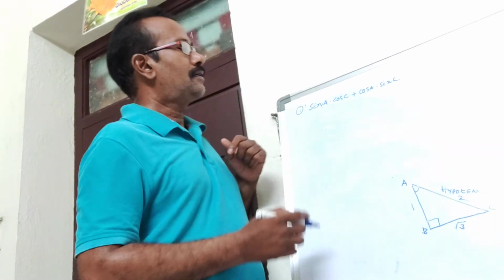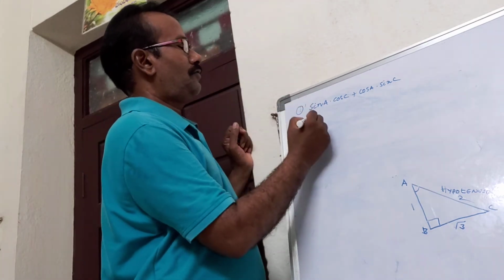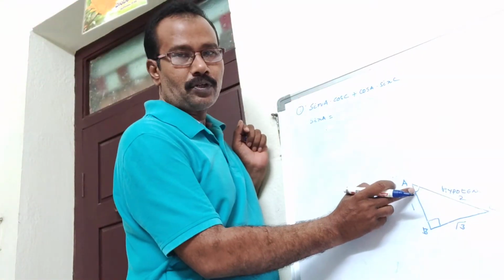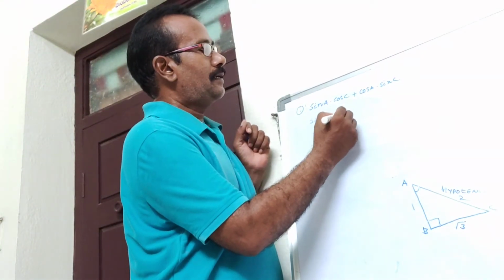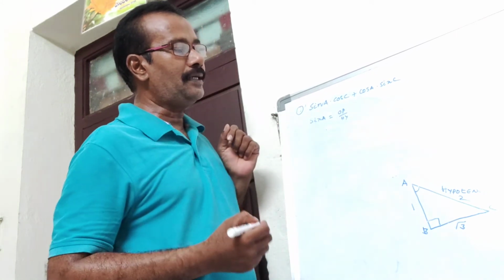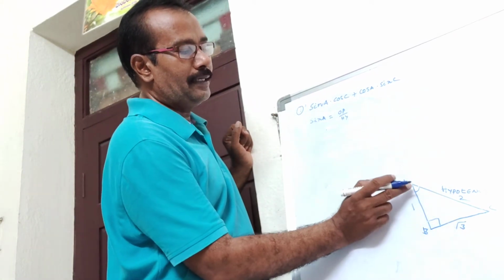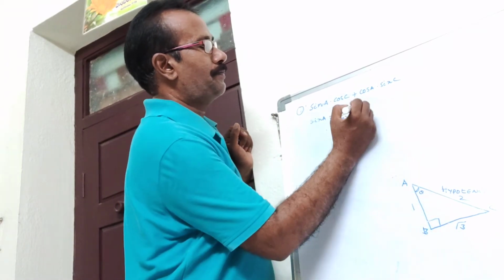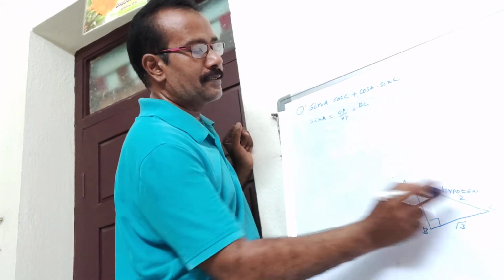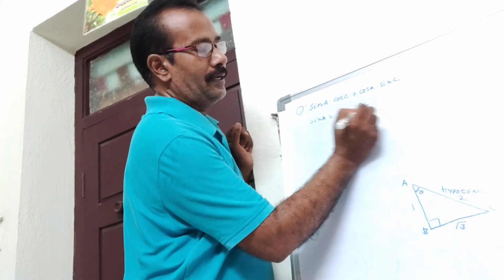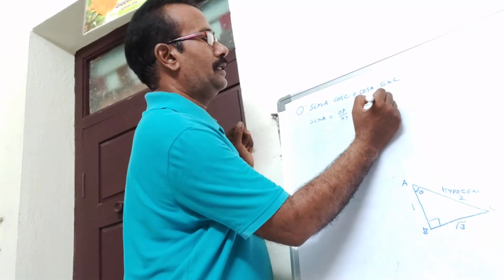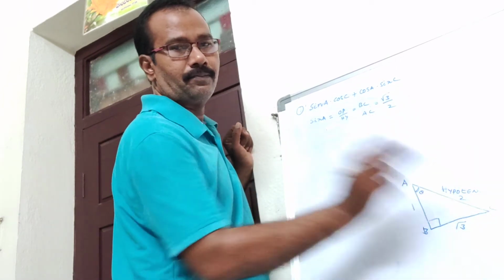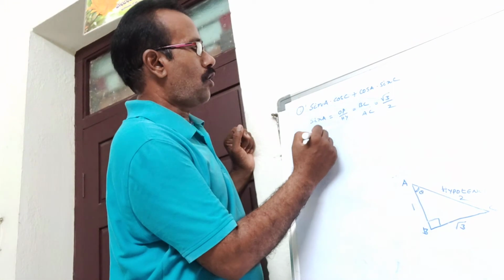First we have to find sin A. According to A, what is the formula for sin A? Opposite side by hypotenuse. What is the opposite side? BC, and the hypotenuse is AC. The BC value is root 3 and the AC value is 2, so sin A is root 3 by 2.